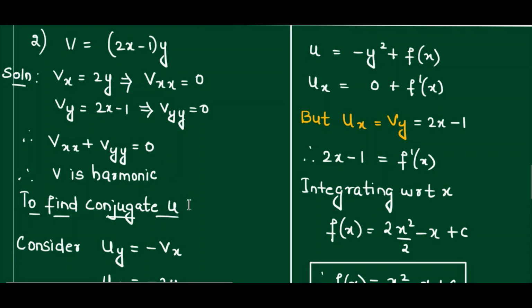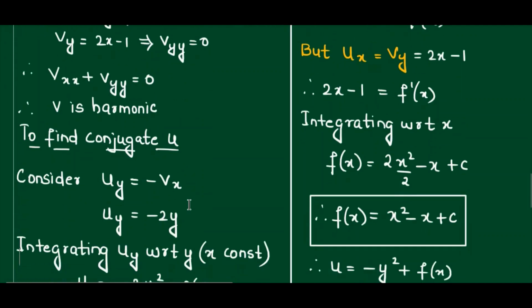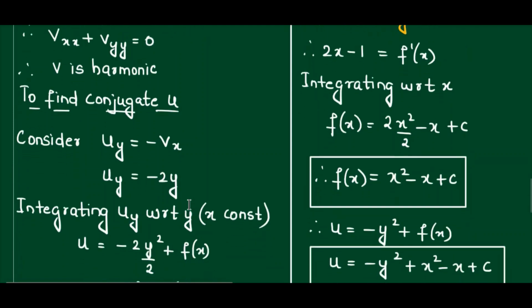Now to find the conjugate u, I am going to make use of the second equation, second CR equation, because here v is given. In our first problem u was given, in our second problem v is given. So when v is given, make use of the second equation uy equal to minus vx. Here we have found out vx, substitute vx.